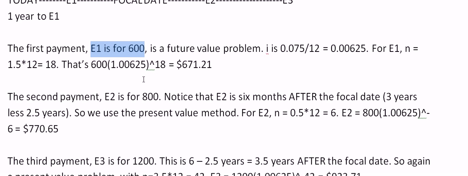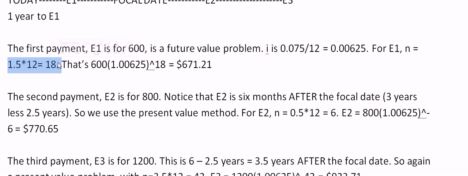i is the interest rate divided by the number of times in the year it's compounded, which here is 12. So therefore i is 0.00625. Now notice that the number of years between the time that you have to make that payment, 1 year from today, and the focal date is 2.5 years minus 1 year, which is 1.5 years.